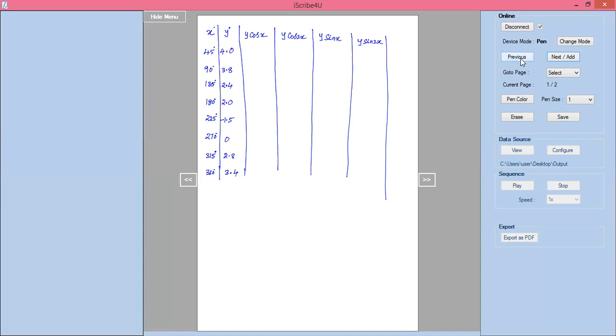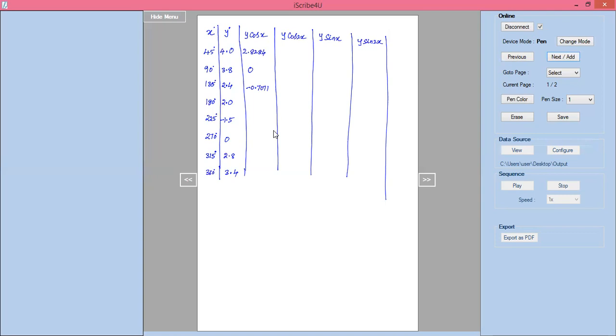Now, for y cos x, you should take the y value here. Y is nothing but 4 into cos 45. Then y is 3.8 into cos 90. 2.4 into cos 135. 2.0 into cos 180. Minus 1.5 into cos 225. Like that you should take and you have to simplify. Now 4.0 into cos 45, so y cos x should be 2.8284. And next one, 3.8 into cos 90, which is 0. Next 2.4 into cos 135 is minus 1.6970.